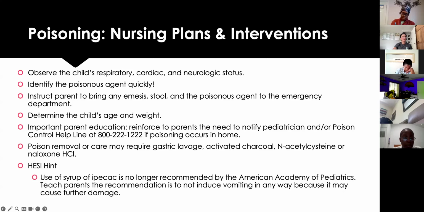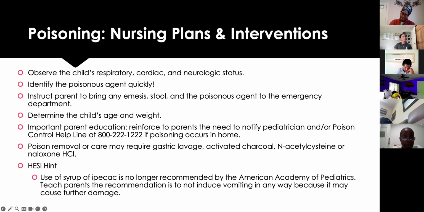So we're going to keep a close eye, especially respiratory, cardiac, and neurologic symptoms. Those are going to be the classic ones that we see. We want to make sure that they bring the container and the child into the ER as quickly as possible. We like to get treatment started within an hour of ingestion so that we can remove that toxin quickly.